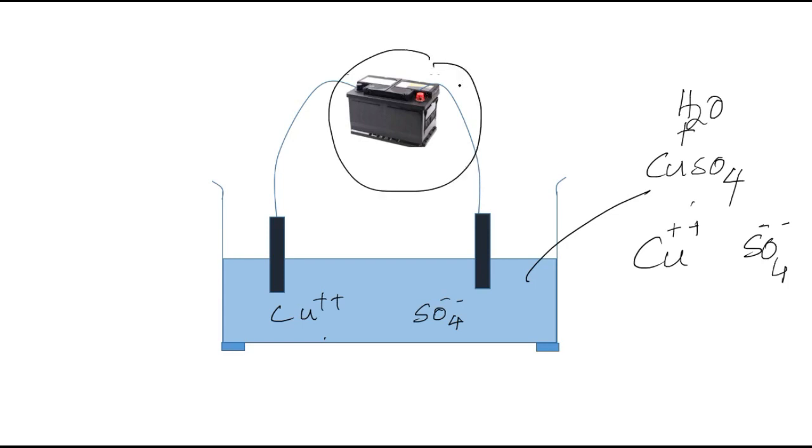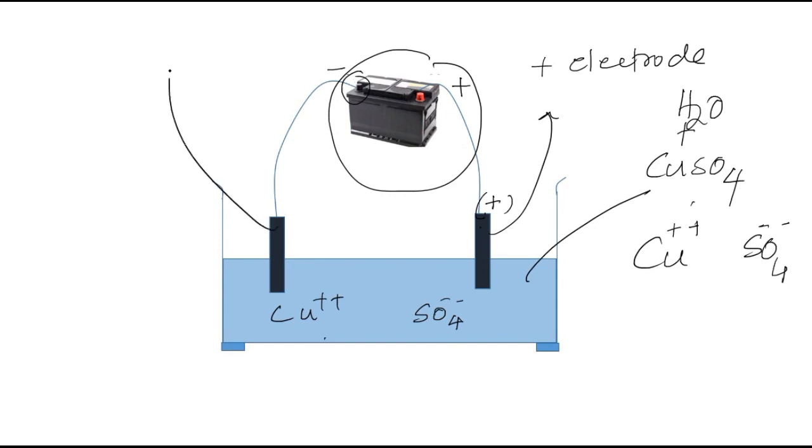Since it's red color, it's a positive terminal. This is a negative terminal. So the positive terminal has gone to this metal rod, so this becomes a positive electrode. You can write this as a positive electrode. And this, since it is connected to the negative terminal, becomes the negative electrode.